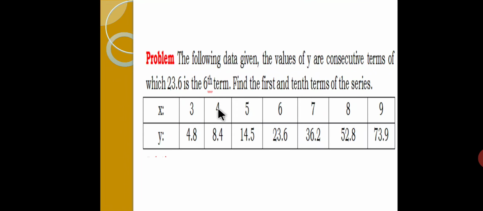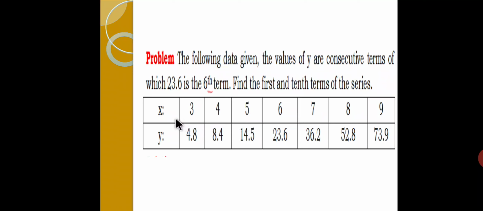To find the first term we use Newton's forward difference formula, and to find the last term we use Newton's backward difference formula.